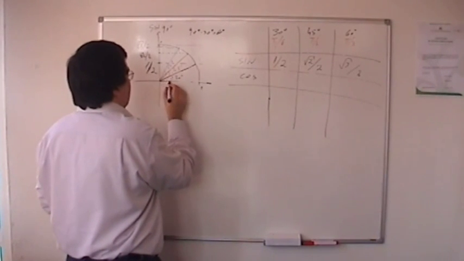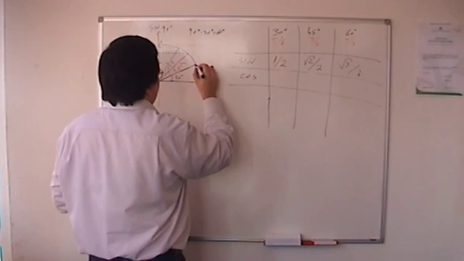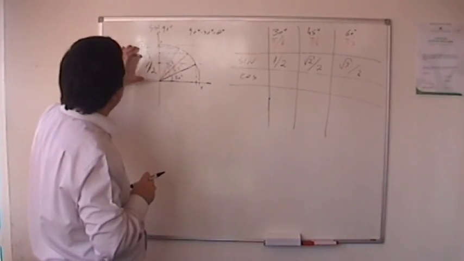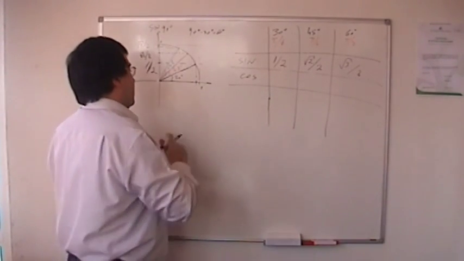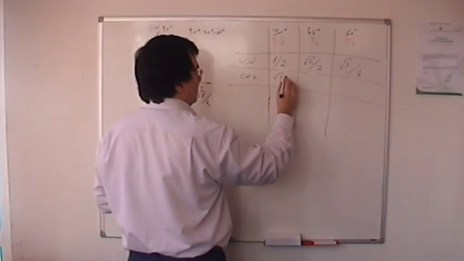So you can easily say that the cosine of 30 degrees will be the same value of the sine of 60 degrees, and this will be square root of 3 over 2.